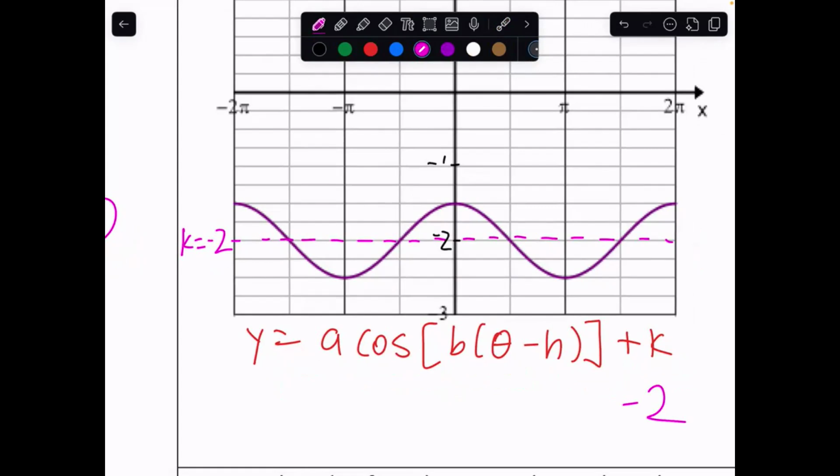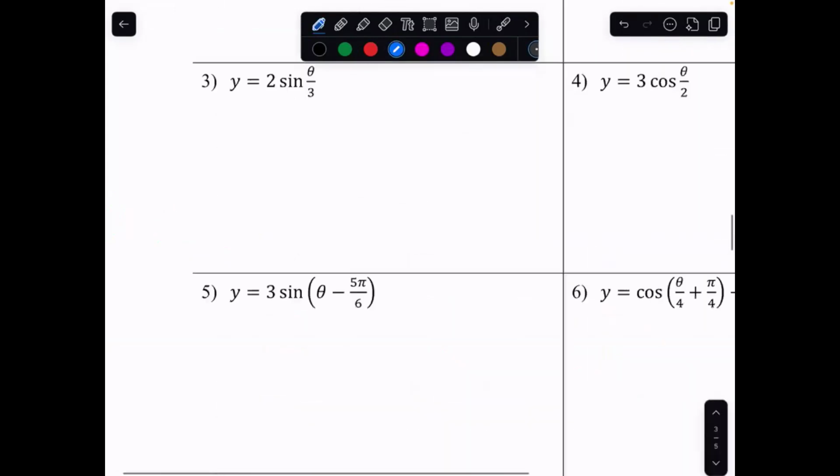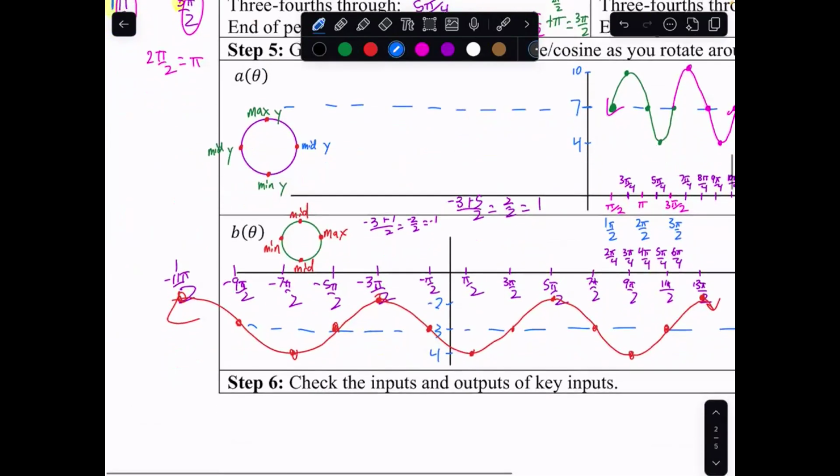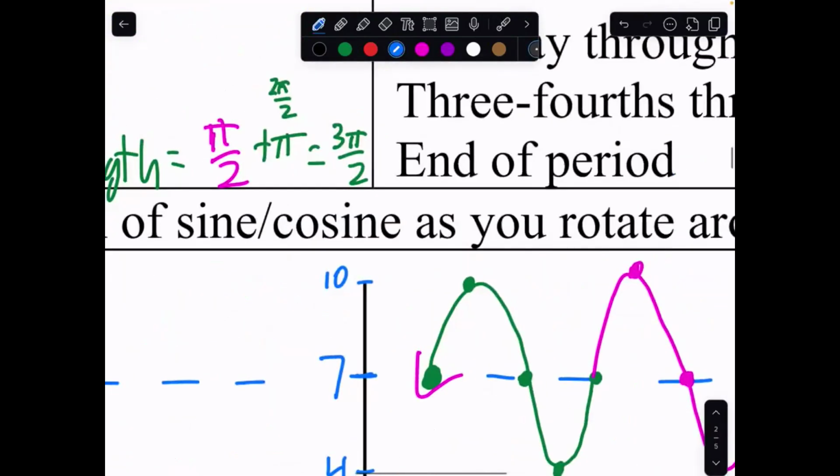Okay, from there, I would probably do the a value next. You don't have to, but that's just what I like to do. So remember, the a value is related to the amplitude, which tells you how tall or short the graph is, basically, or more formally, the distance from the midline to the maximum. Okay, if I go back real briefly, right? So in this problem, the distance from the midline to the maximum from 7 to 10 is 3.